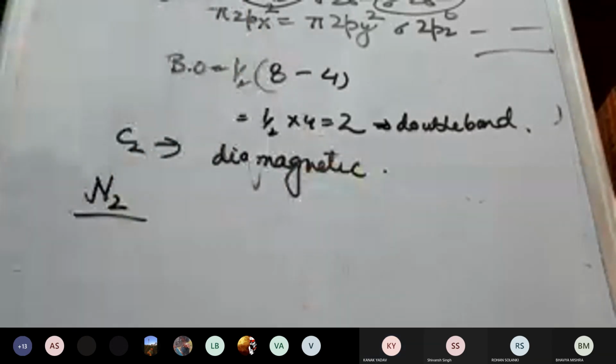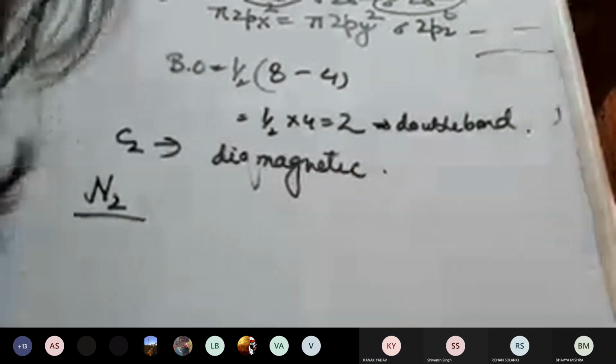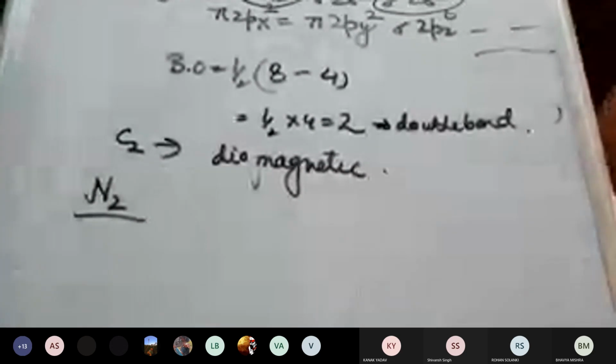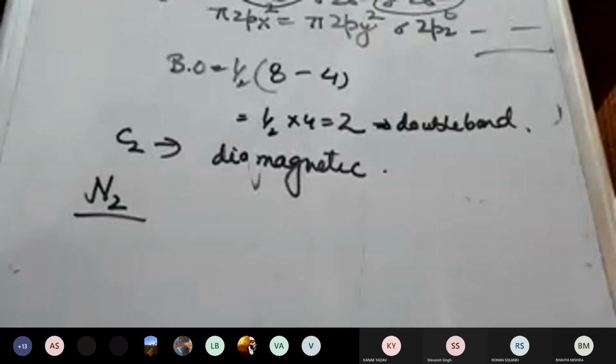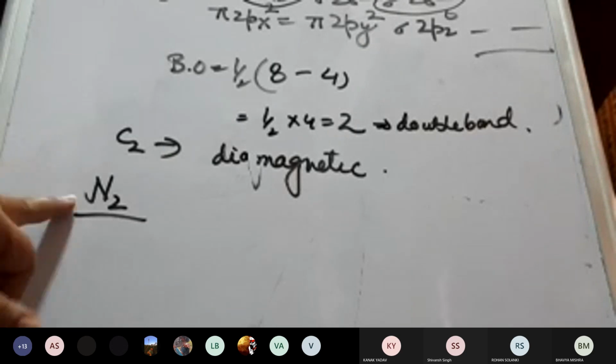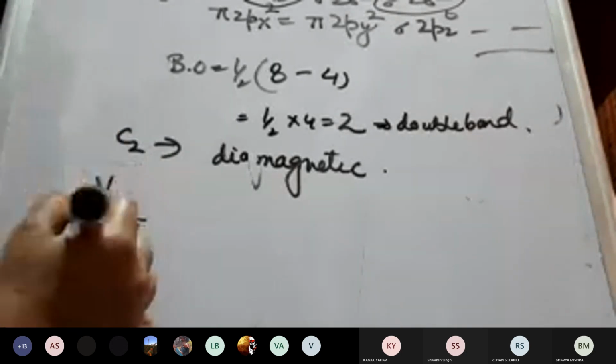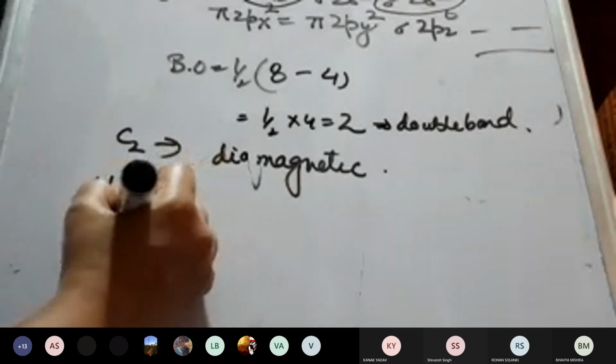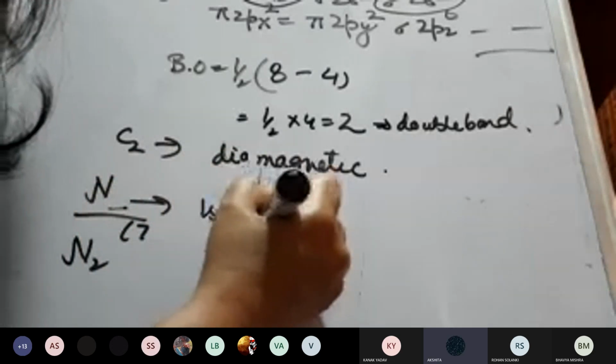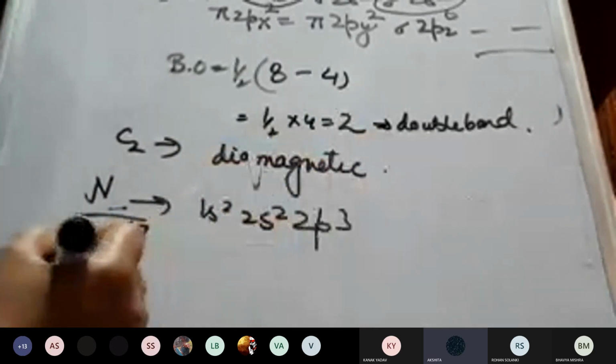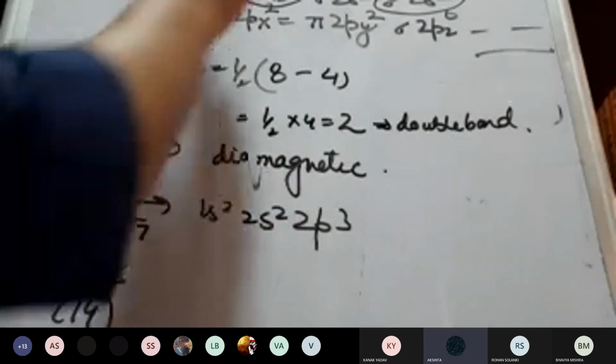Next one, Akshita, last example. What is the configuration of one nitrogen? Ma'am, 1s2, 2s2, 2p3. Configuration of nitrogen molecule.